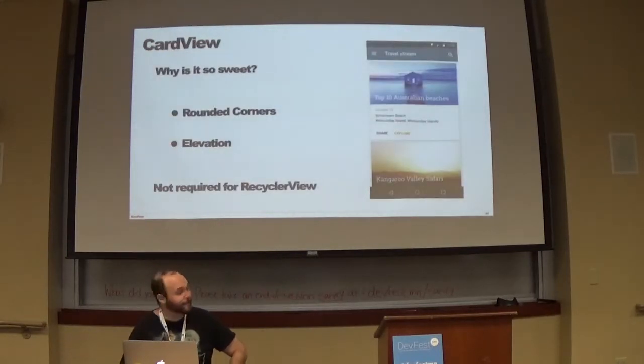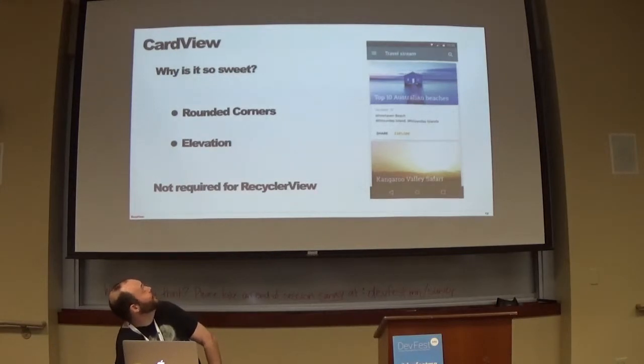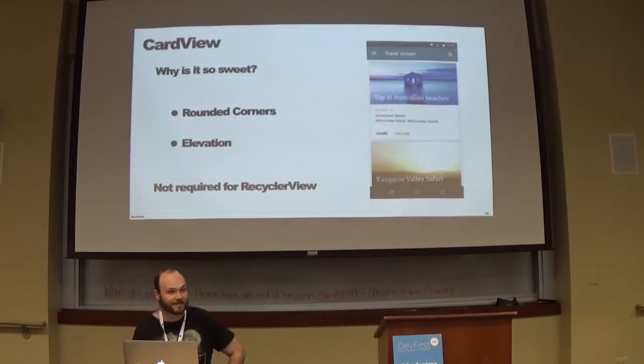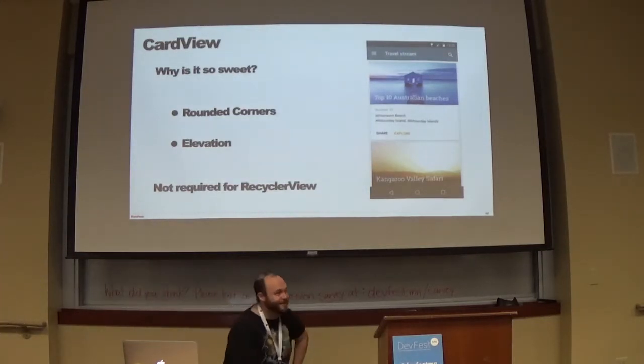So a CardView. Why is it so sweet? Basically, it's just like a frame layout, which we've used for a long time, but it has rounded corners that make it look more professional, and it also has elevation. If you don't know what elevation is, it's just adding a shadow.